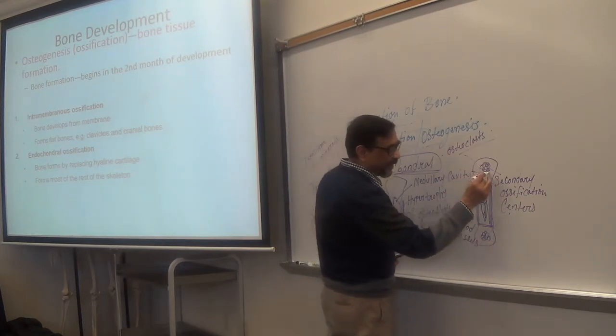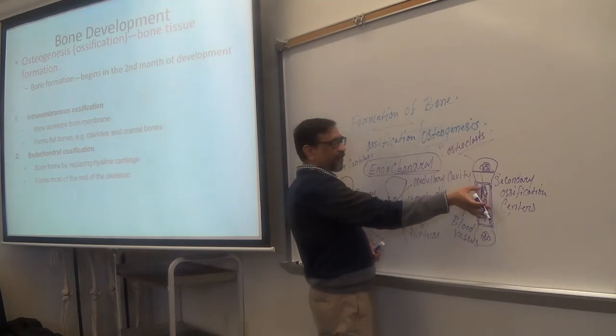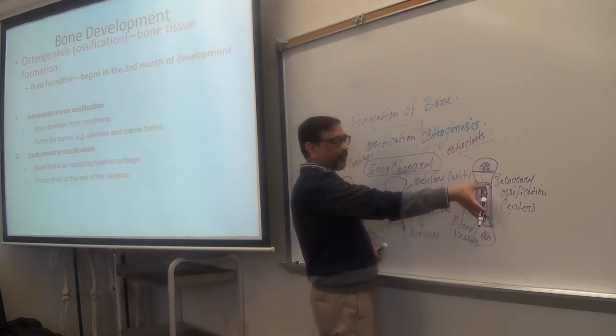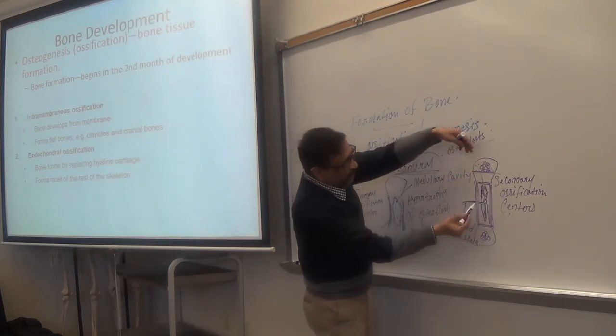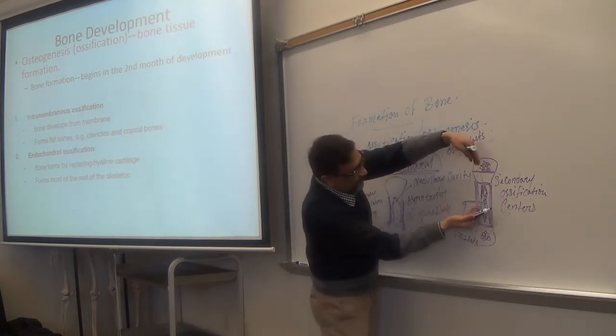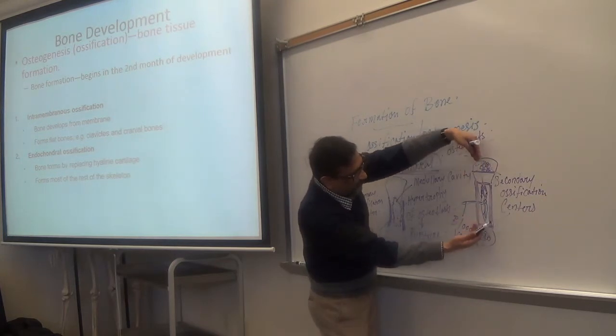And now you see here, this is important, interesting. Bone formation has occurred here and will continue to grow. And from secondary, bone formation will occur and will continue to grow. So from primary, we'll go towards the ends like this, and from secondary towards the primary like this.